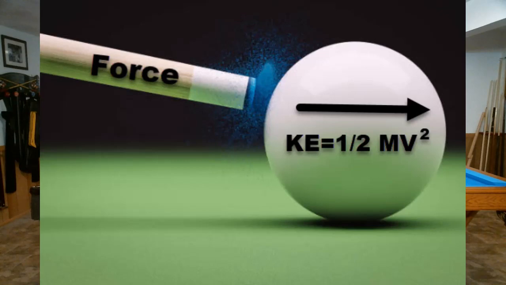The formula for kinetic energy is 1/2 the mass times the velocity squared. That formula is great in physics. The key concept is that there are two components, mass and velocity. The mass of the cue ball remains the same. It doesn't change. The only thing that we have control over is the velocity of the cue ball. And the velocity is governed by how hard we strike the cue ball.